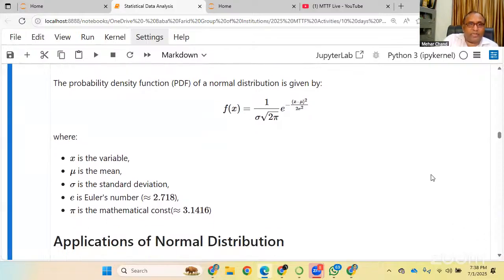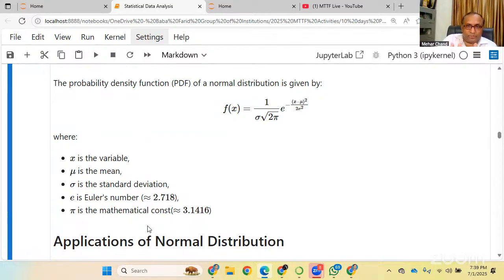Here x is the variable, mu is the mean, and sigma is the standard deviation. e is Euler's number, approximately 2.718, and pi is also inside this formula on the right hand side. Pi, we all know, is the mathematical constant, approximately 3.1416.